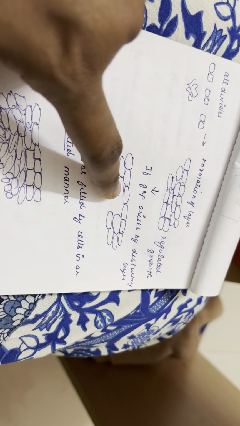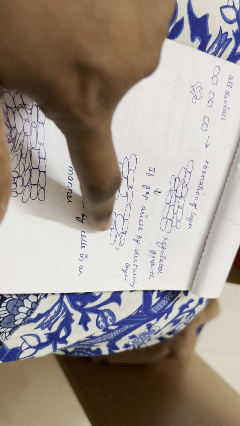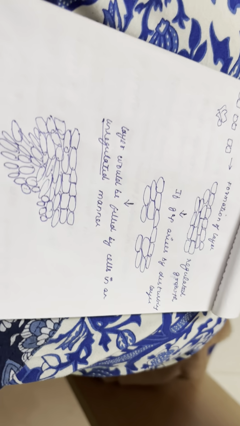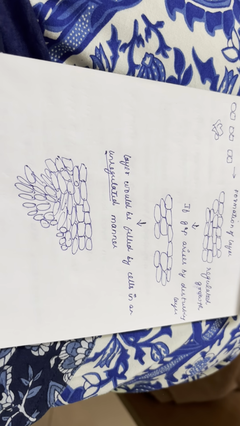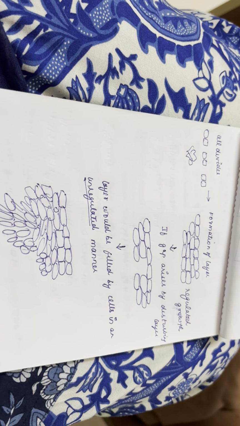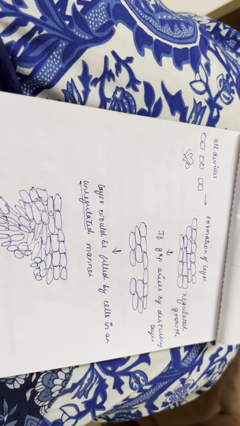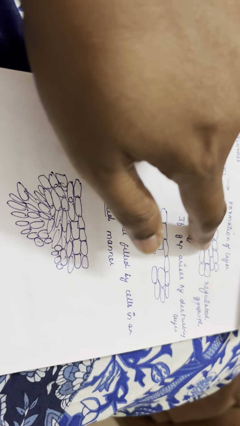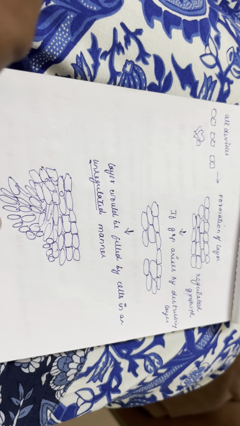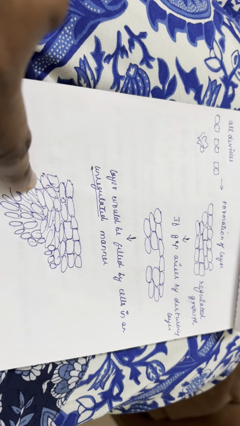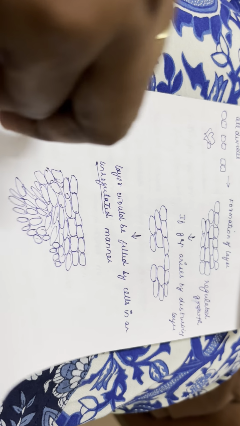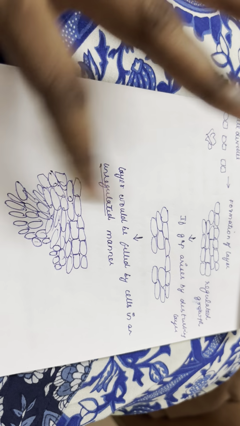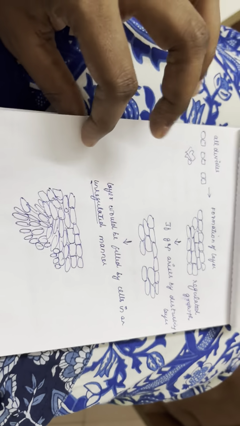If apoptosis happens, those cells are cleared and a gap is generated in the layer. Once the layer is disturbed, what does it result in? It results in an unregulated manner, not in proper proximity. This is how the cancer cells grow in an unregulated manner. This is how the layer formation happens, right?